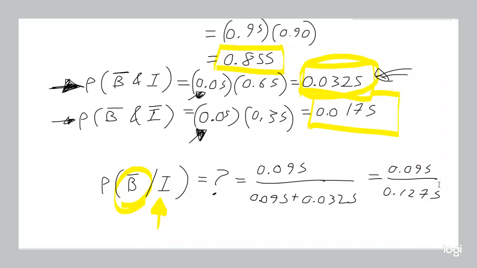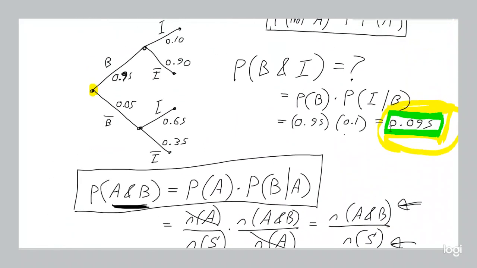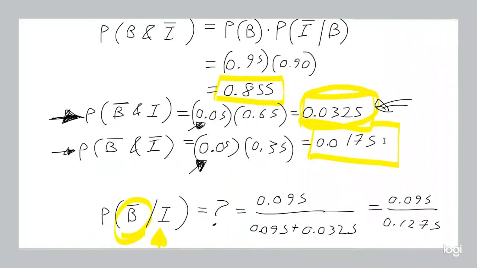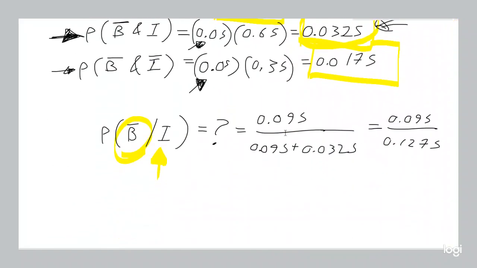So if you randomly select someone, what are the chances you've selected someone who received an injury after a serious accident? Well, 0.1275 is the probability of that, or 12.75% of the population. And what portion of the total was wearing a belt and received an injury? That's 0.095.